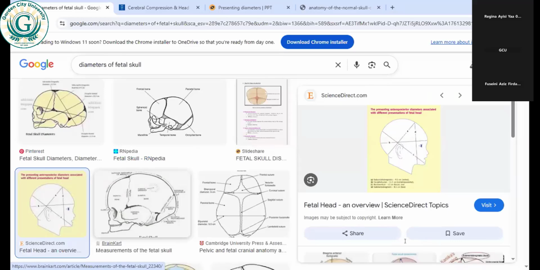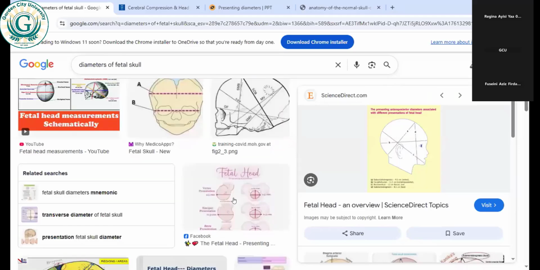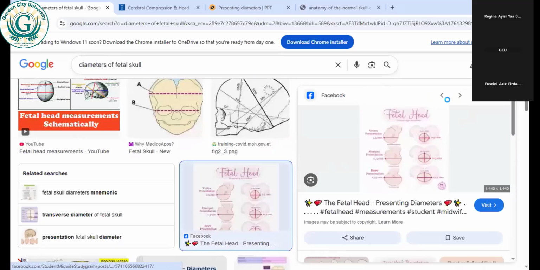With the face presentation, they are saying that the submentobregmatic and the bitemporal are those that will pass through the cervix. And the one that would distend the vaginal orifice for the fetal head to be born is the submentovertical, and that one is 11.5.